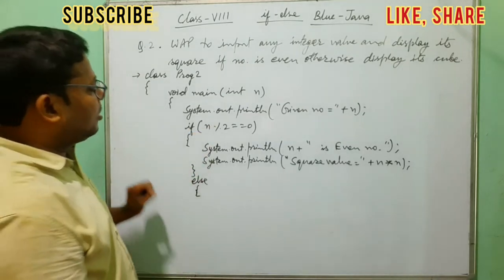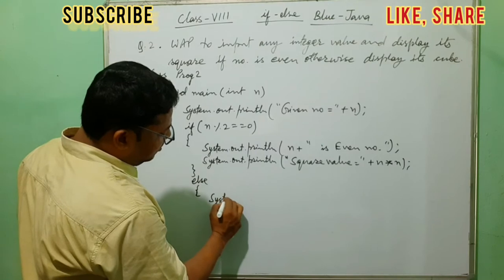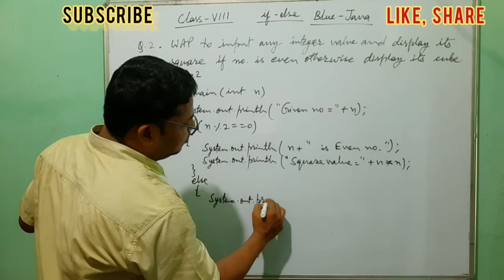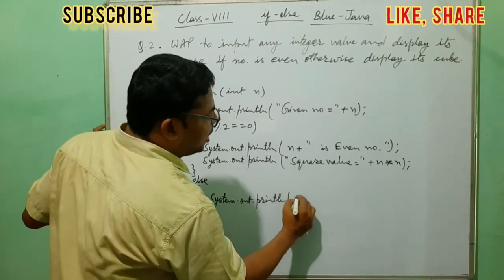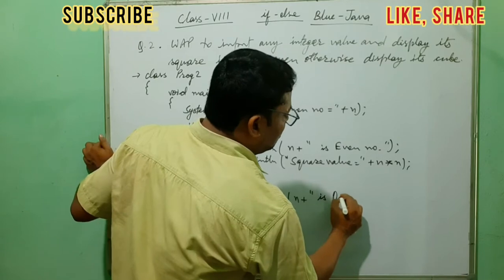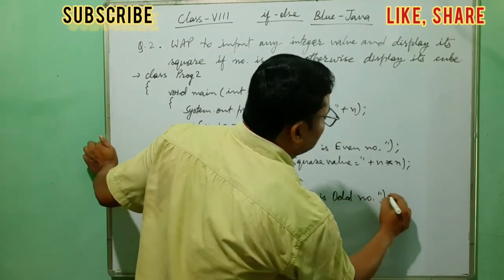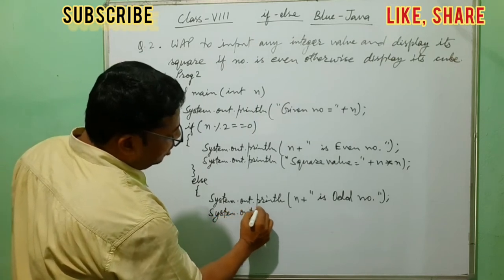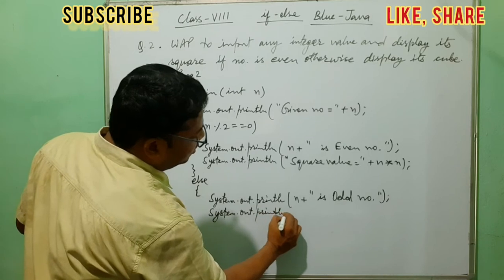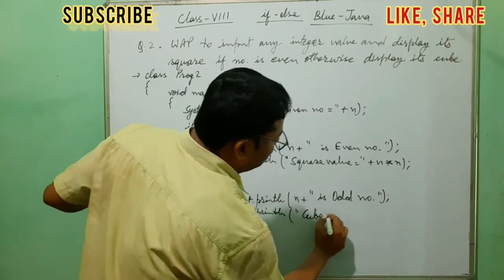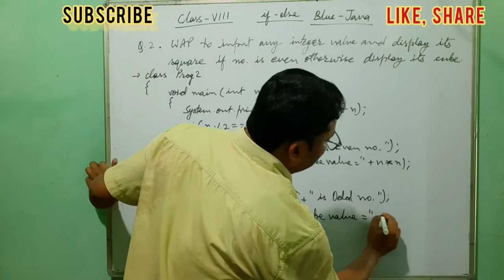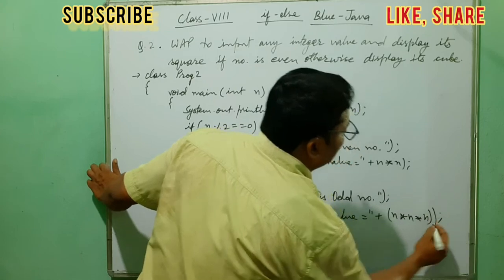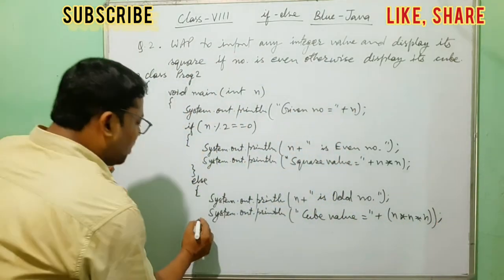Else means the number is odd, so you display the message System.out.println n plus " is odd number", and then System.out.println cube value is equal to plus, what will you write? n into n into n. You can give brackets, or without brackets you can also write, no problem.